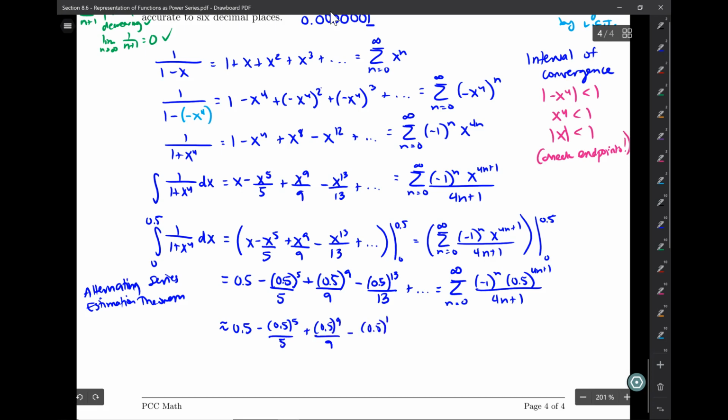And we went to the 21st, didn't we? Okay, so it's going to be approximate. This is going to be accurate to the 6 decimal places that we're looking for, which notice is equivalent to the partial sum starting at 0 and going to, let's see, what n value would make that 21, n equals 5. So we're going to go up to the fifth partial sum.